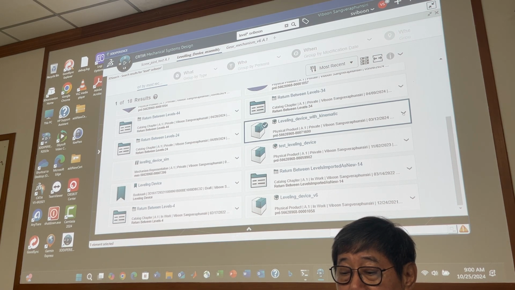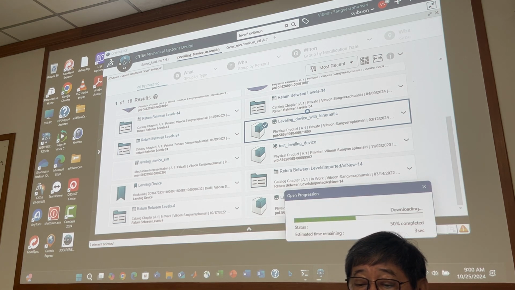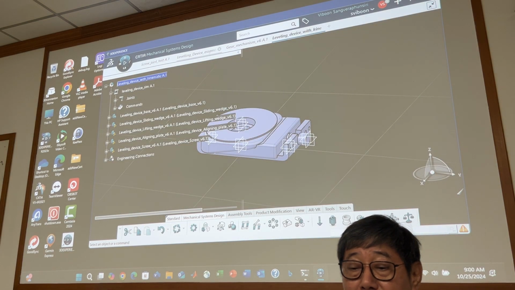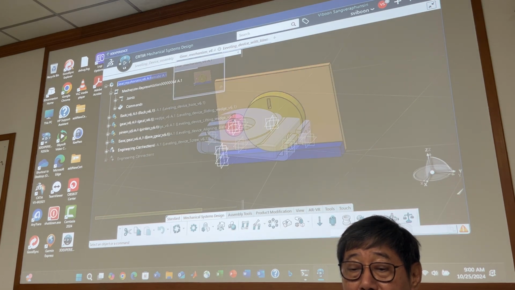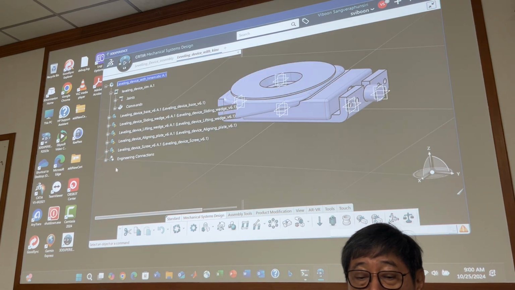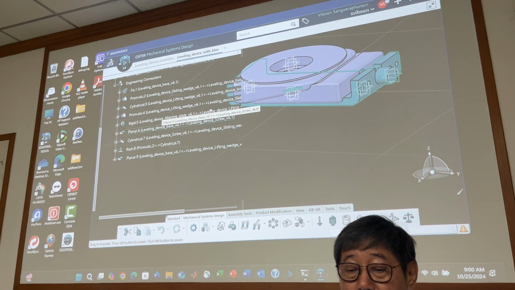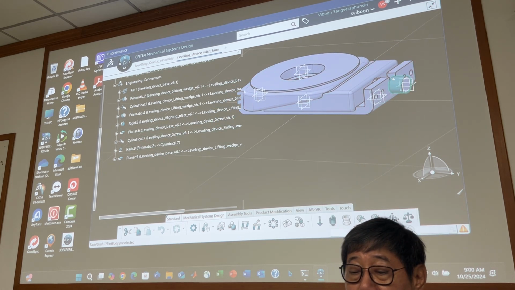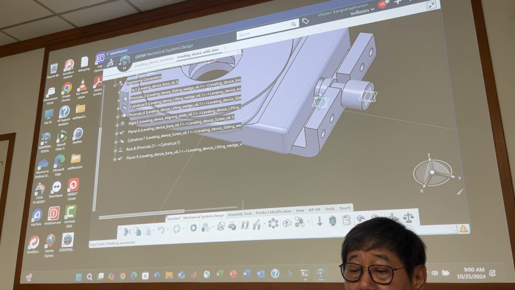Look at this one. Instead of using a screw joint, I use a rack and pinion joint instead, you see.